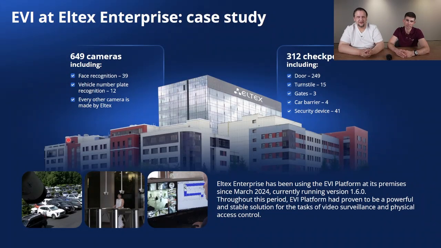Yes, this slide you are seeing now shows our facility complex and security systems around it. With the start of the third building exploitation, we have added around 400 cameras and 230 turnstiles, controllers with turnstiles, doors, and barriers. Right now, the platform includes an attendance management system for tracking staff working hours, and provides access and restriction management.